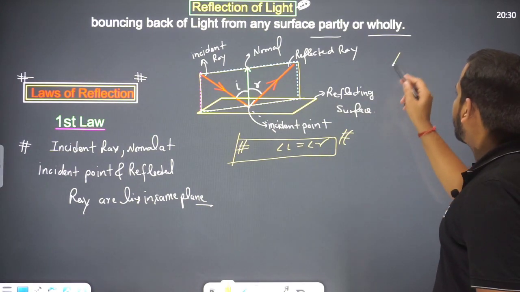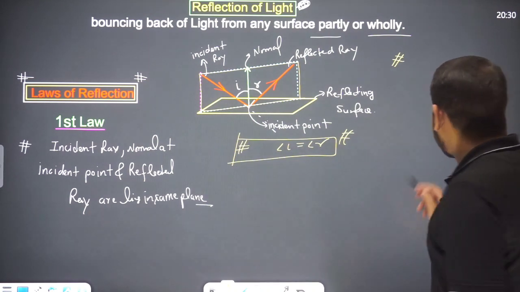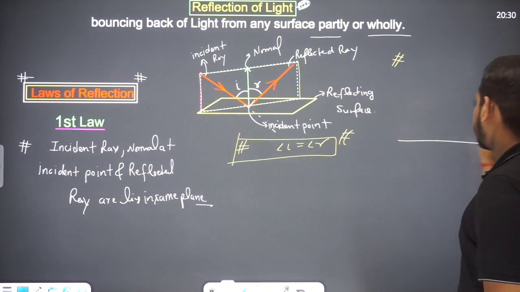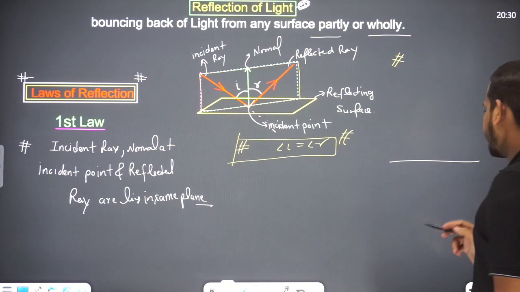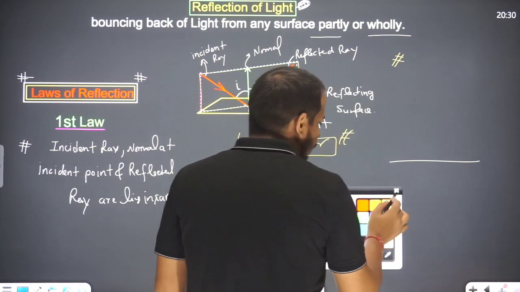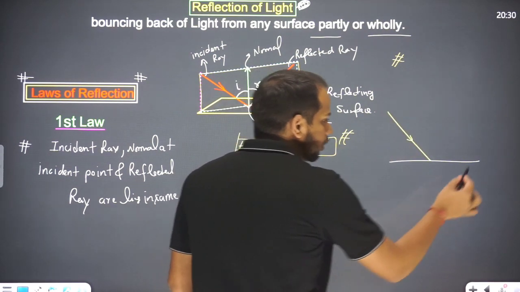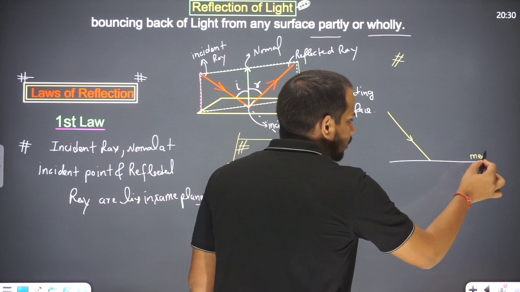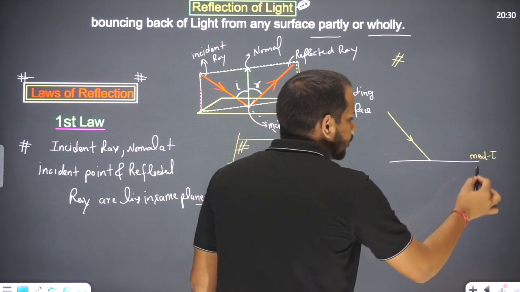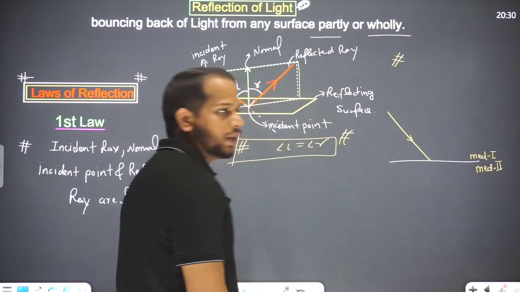We have to just remember some points. Let's see. If I'm saying there is a surface we have, I'm just drawing over here. If the light is incident on this surface over here, and this surface is dividing two media, this is medium 1 and this is medium 2, right?